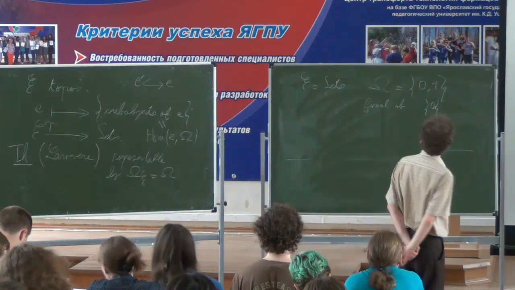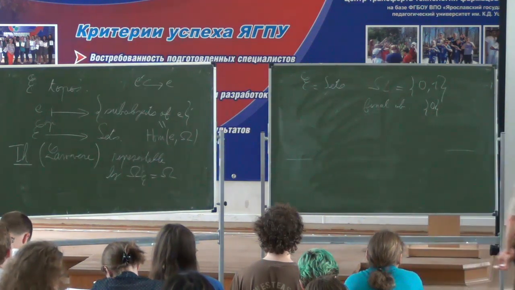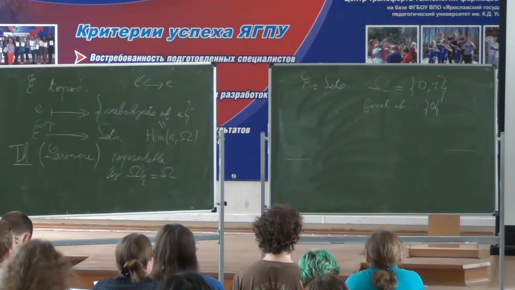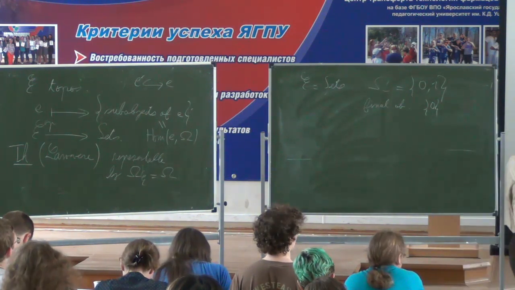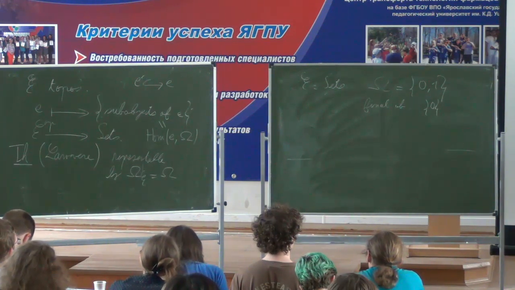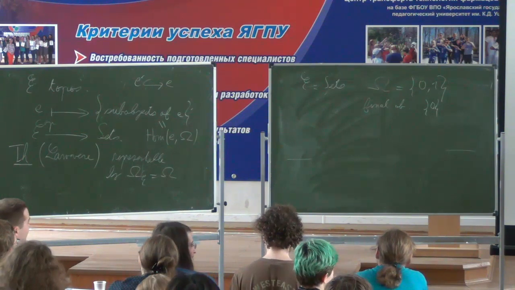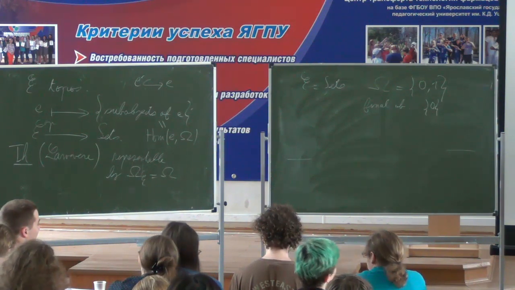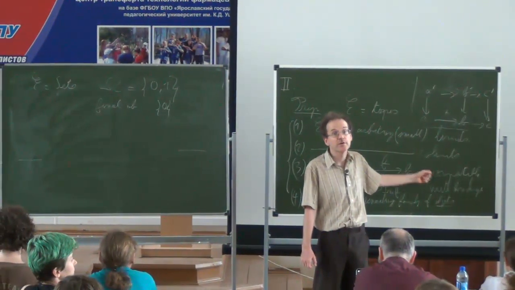So any set has a unique map to this set. And of course, in an arbitrary topos, there is always a final object, because I said here that there are arbitrary limits. So in particular, you can form the limit over the empty category, and then what you get is a final object. So there is a final object in an arbitrary topos.